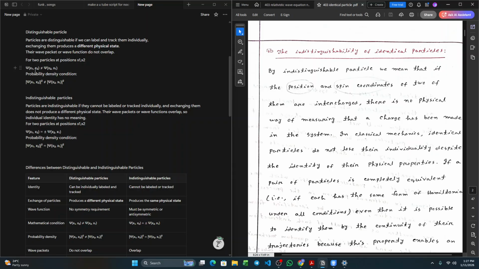If we interchange the particles, we must not have the same wave function. Their probability condition is also like that: the square of these things and the square of these things. Okay, fine.